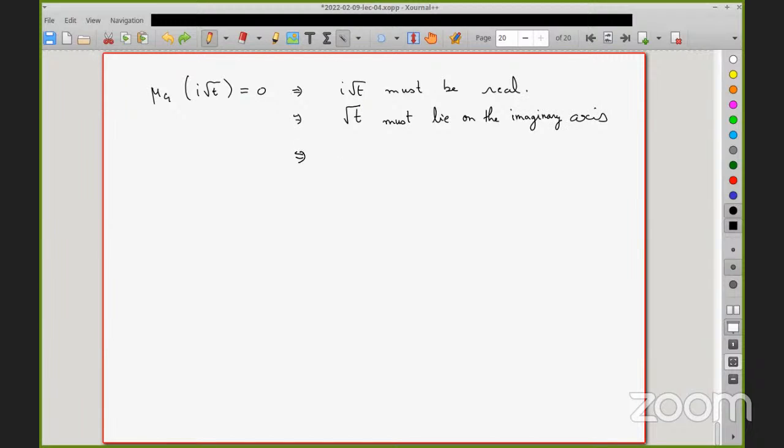But that means that t must lie on the real line, because if root t lies on the imaginary axis, its square must lie on the real line.